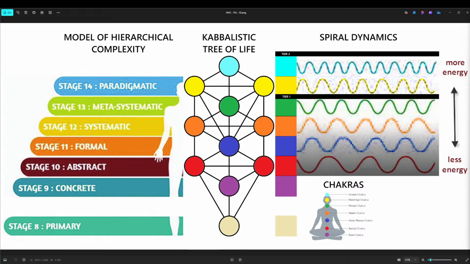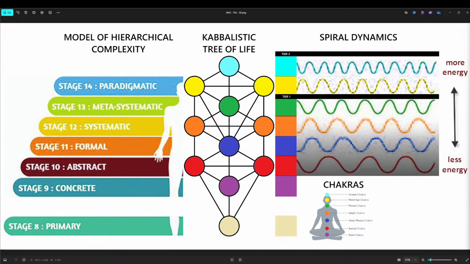I color coordinated the chakra system with Spiral Dynamics and the tree of life, because they all overlap perfectly. You can see how perfectly everything correlates to each other, which is the law of correspondence from the 7 Hermetic principles.